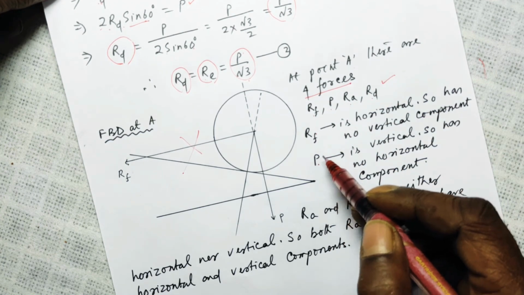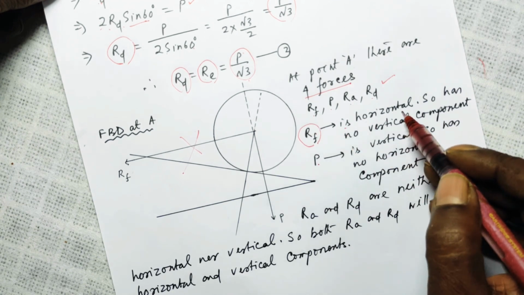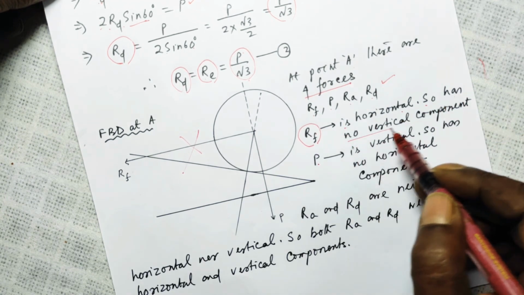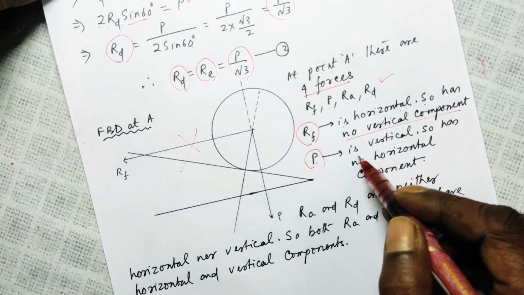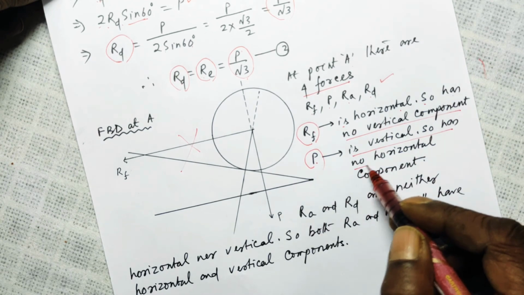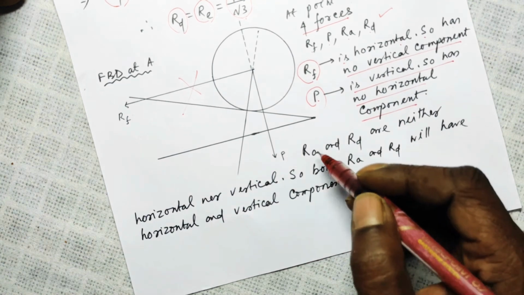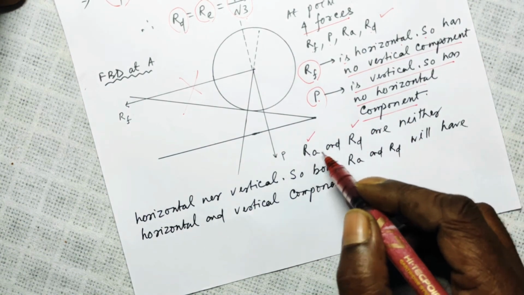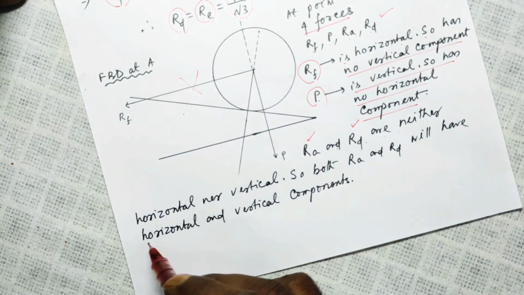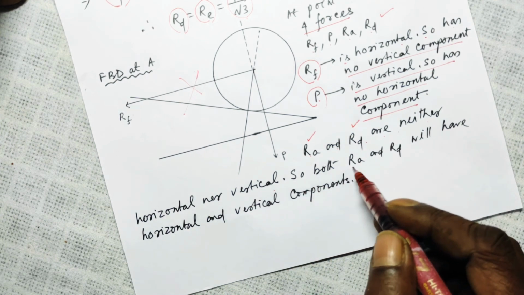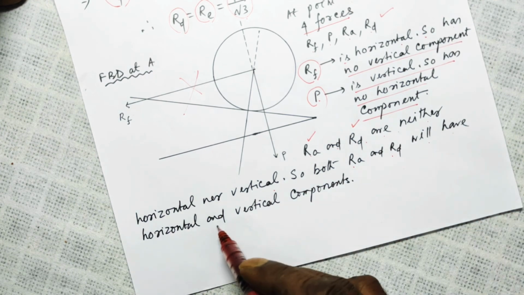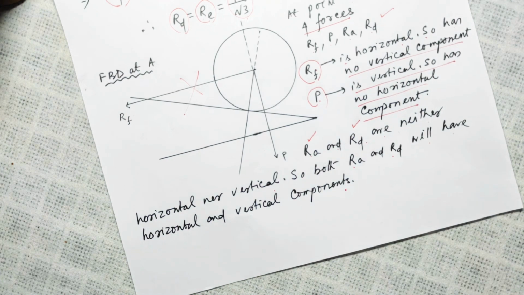RF is horizontal, so has no vertical component. P is totally vertically downward, so has no horizontal component. So we are left with RA and RD. RA and RD are neither horizontal nor vertical, so both will have horizontal and vertical components at point A.